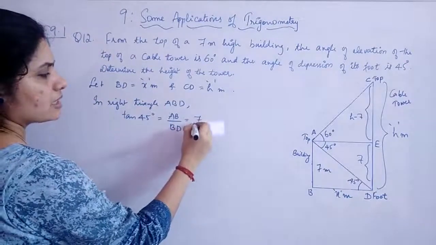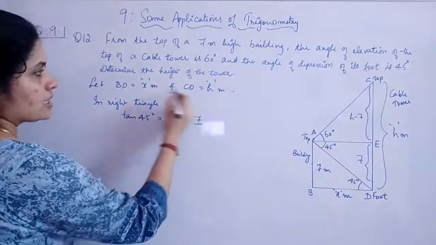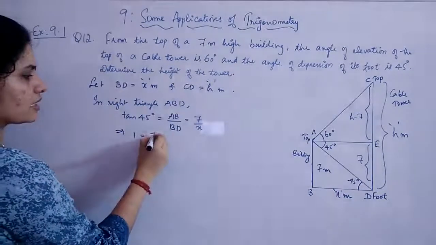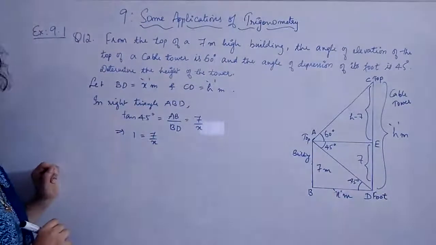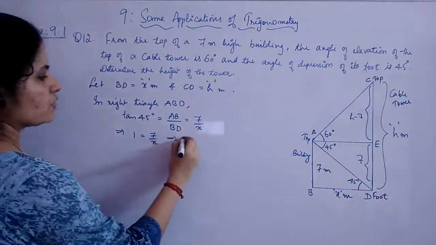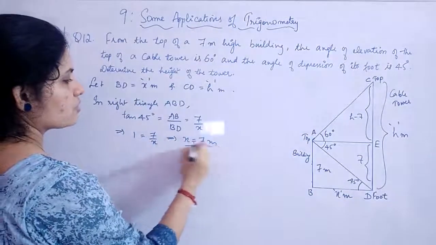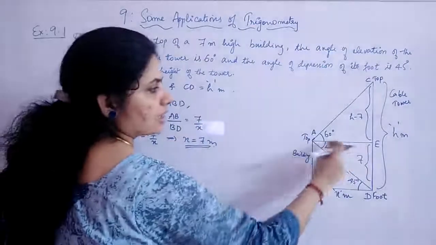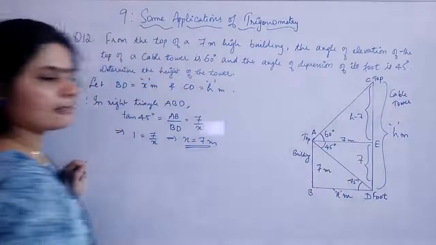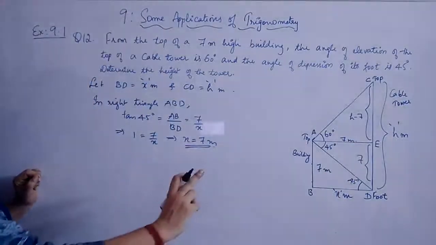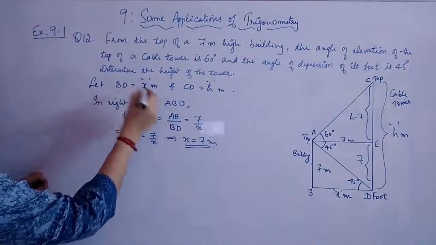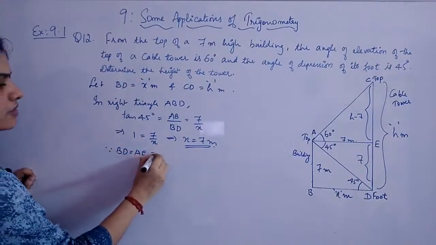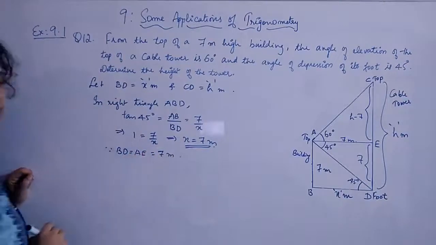Replace the values: AB is 7 and BD is taken as x. Tan 45 is 1, so 1 is equal to 7 by x, which gives x equal to 7. So x is 7 meters, that is, this length is 7. That means this length is also 7 meters, because they are parallel. Since BD is equal to AE, AE is equal to 7 meters.